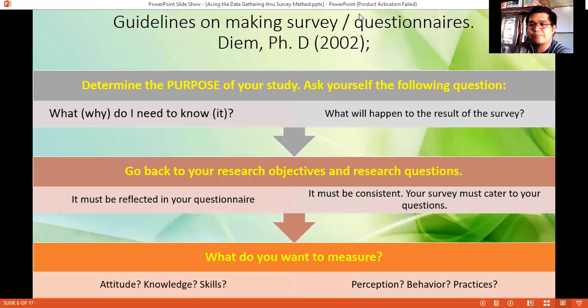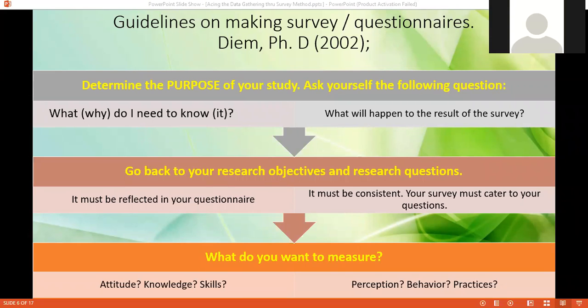Okay, now another one is when you write a questionnaire, you need to know the purpose of your study. So you will go back to the first question during the defense. What is your study all about and what are the objectives of it? In every defense, it starts like that because it puts every listener to where the research will be going.